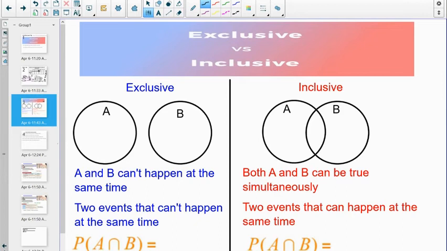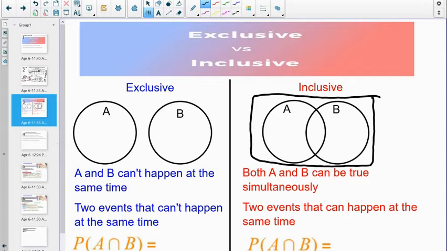So now I'm going to introduce you to exclusive versus inclusive. I'll start with the inclusive. Inclusive is what you've been seeing already. Remember our Venn diagrams that look like this with the box around it? That is when both A and B can be true at the same time.